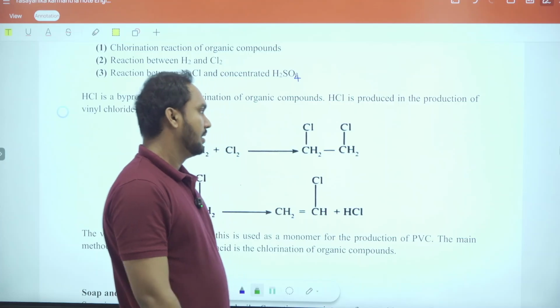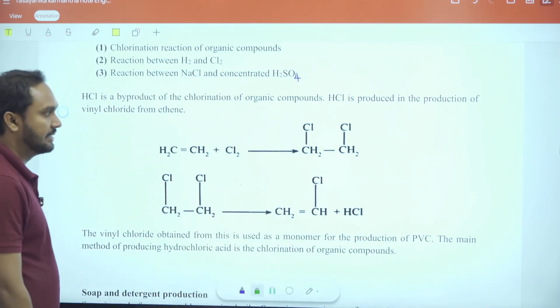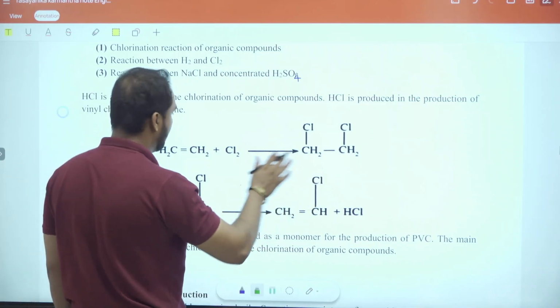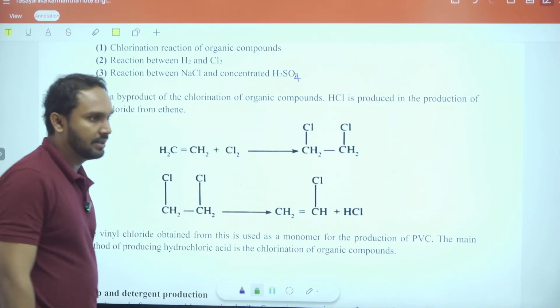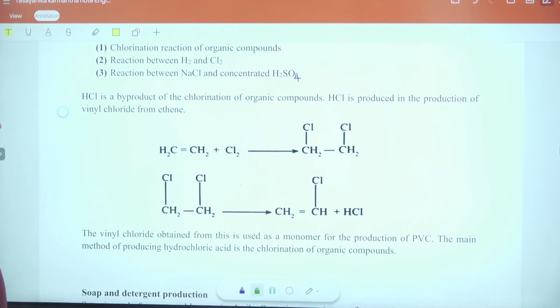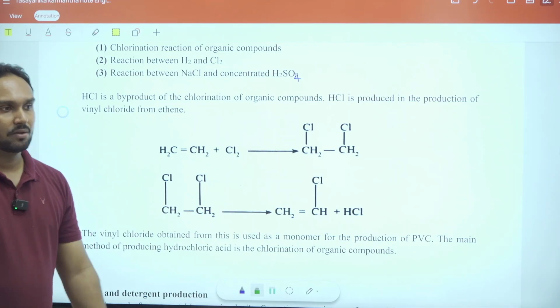So, using this we can produce HCl. Write this down: ethene, chlorine gas, vinyl chloride.